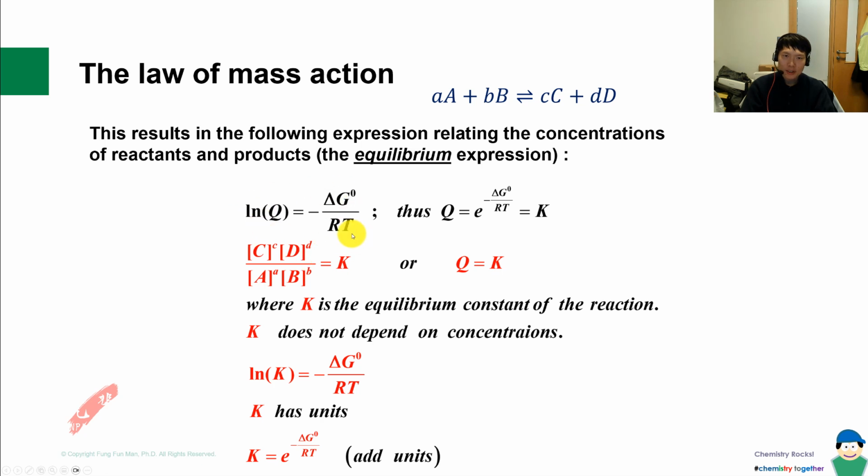So now, when you have equilibrium, you can rearrange the equation from previous round, and make ln Q the subject here, you get negative delta G naught over RT. Remember this naught, the superscript, is the standard condition: 1 atm, 25 degrees Celsius. Okay, so we can use the quotient as a form of equilibrium constant.